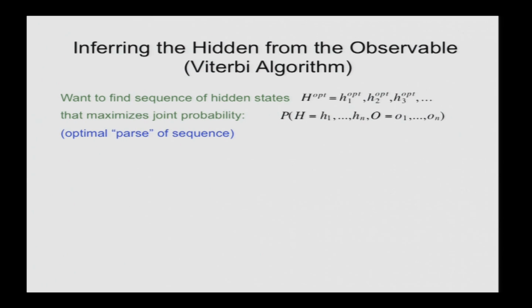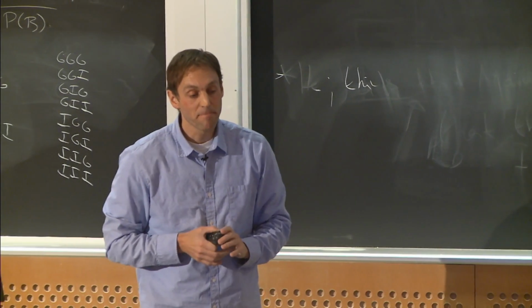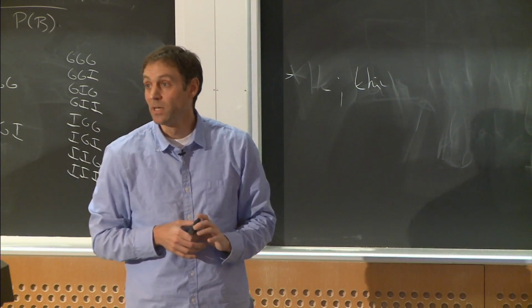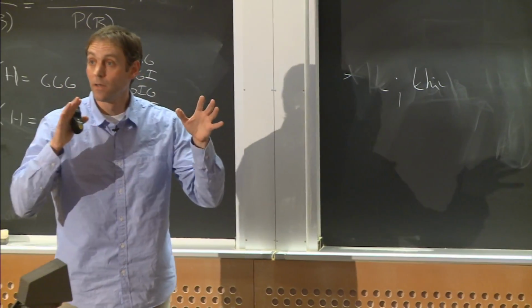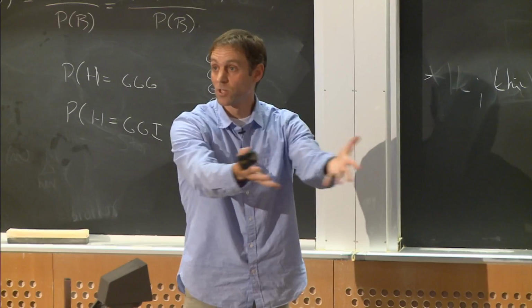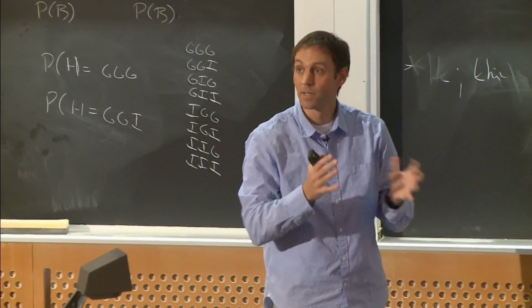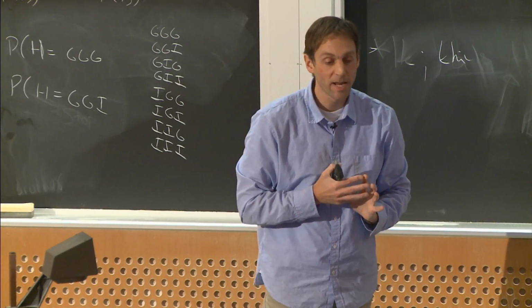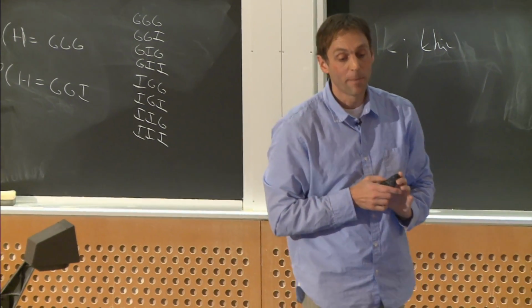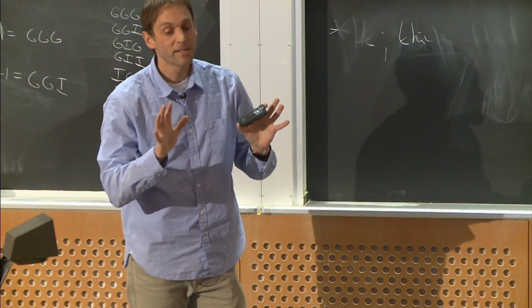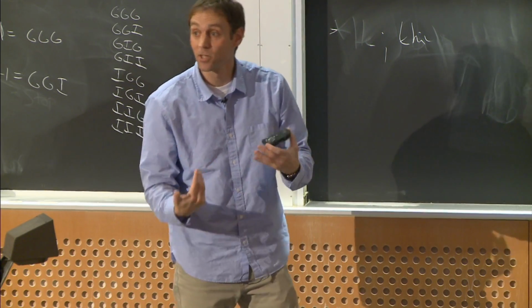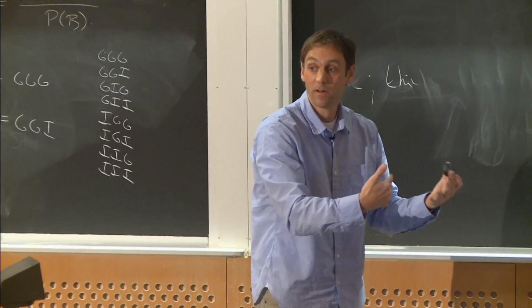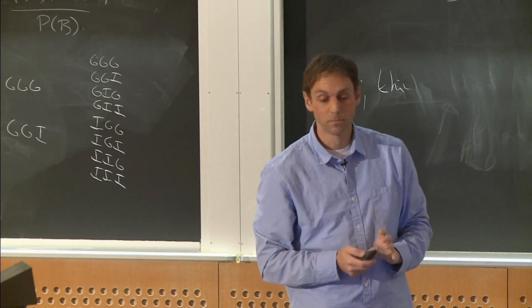And it's defined as the vector of hidden states that maximizes the joint probability with O equals O1 to ON, where that's the observed sequence that we're dealing with. So now what I'm telling you is, if we can find the vector of hidden states that maximizes the joint probability, then that will also maximize the conditional probability of H given O.